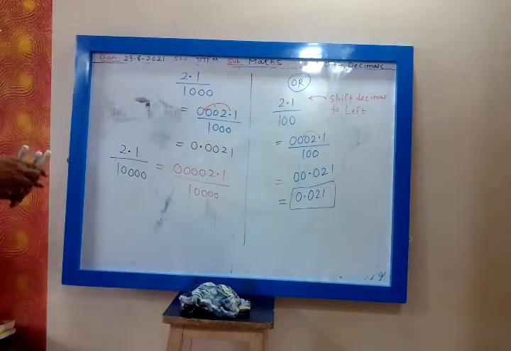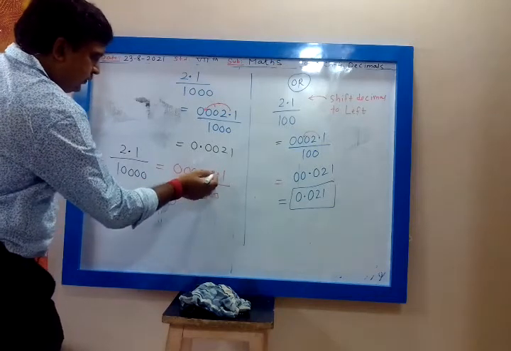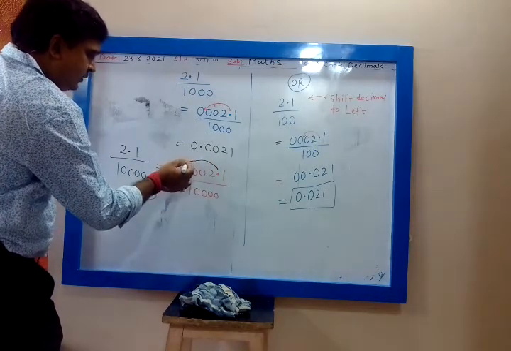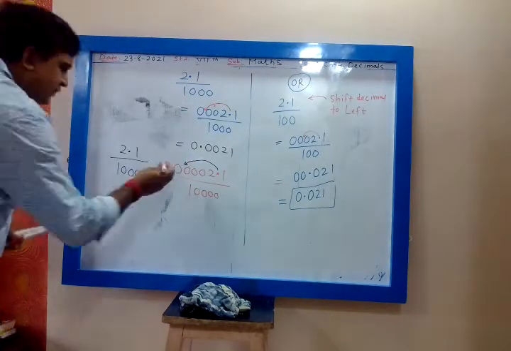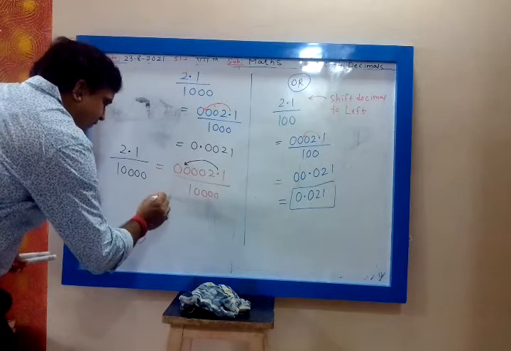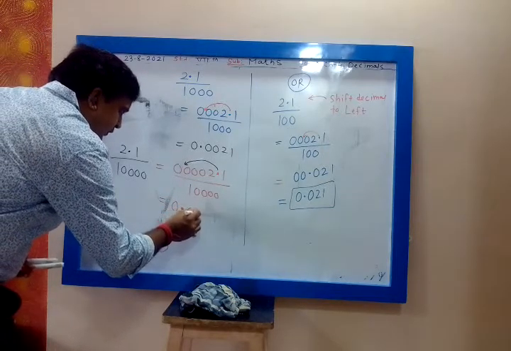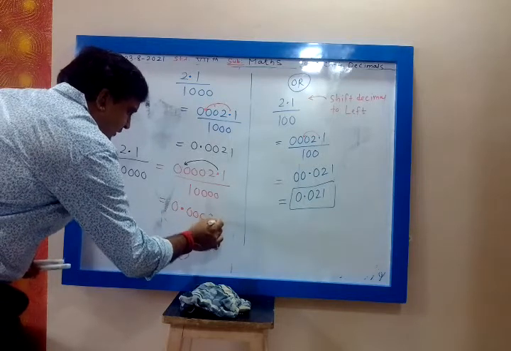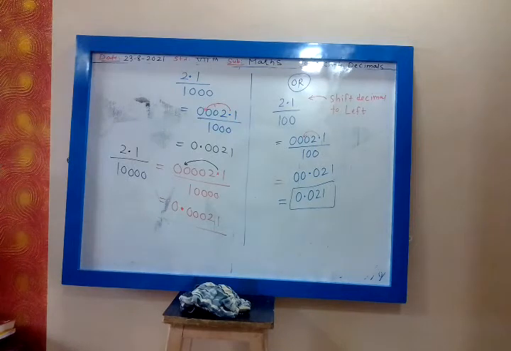Now you have to shift the decimal 1, 2, 3, 4 to the left. Decimal will come here. So that is 0.00021.